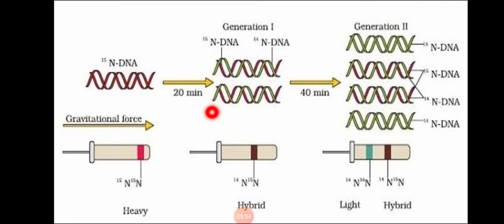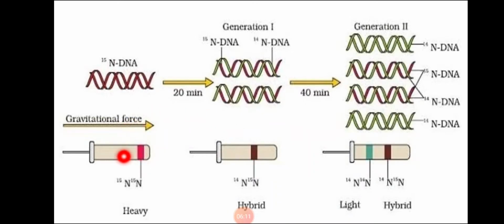After 20 minutes, we see the first generation. After the first replication, the DNA was neither heavy nor light. That means it is neither purely N15 nor purely N14, but in between, a hybrid N14 and N15 DNA molecule, which can be observed by the centrifugation technique as a band present in the middle of the test tube.